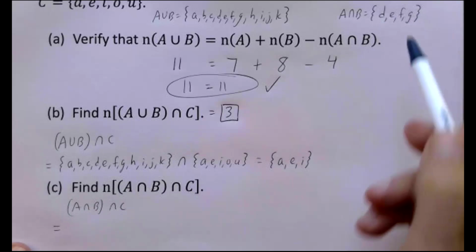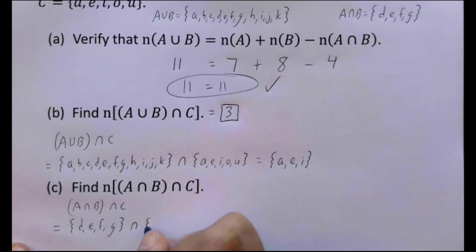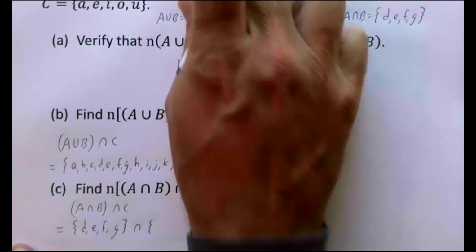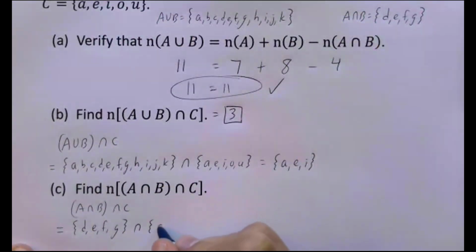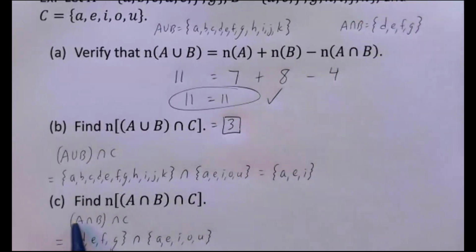So luckily we already have that: D, E, F, G. And set C, of course, is given to us as A, E, I, O, U. So when we're talking about A intersect B and then intersected with C, we're talking about this set intersected with this set.